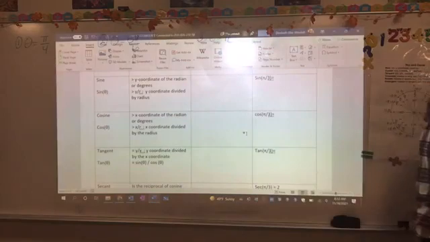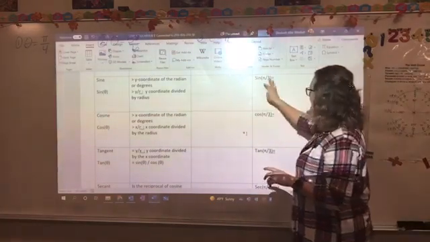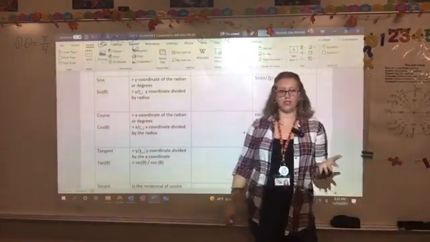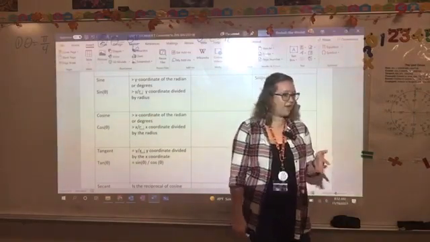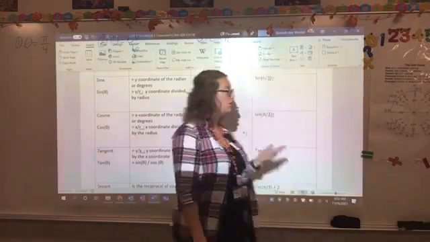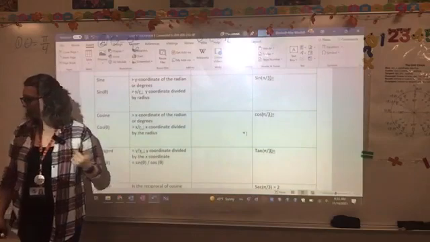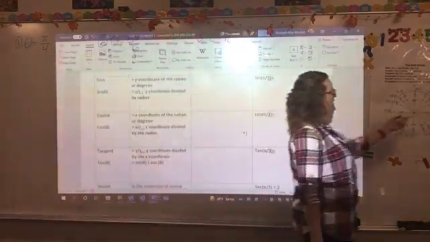So let's do an example. I want to look at pi thirds. We're looking at pi thirds for all of our examples today. Your first step is to find pi thirds on your circle. Your second step would be to then find the y coordinate of that radian on your circle. So pi thirds is in what quadrant? First. Your first quadrant. And it's right here.